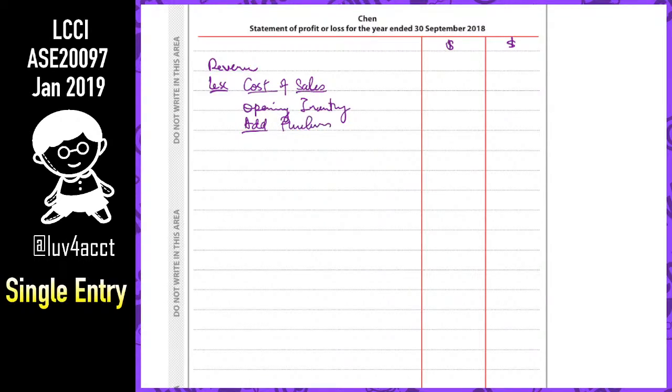But for the purchases, we have to reduce by the amount of drawings. And then also closing inventory, and then we have gross profit.